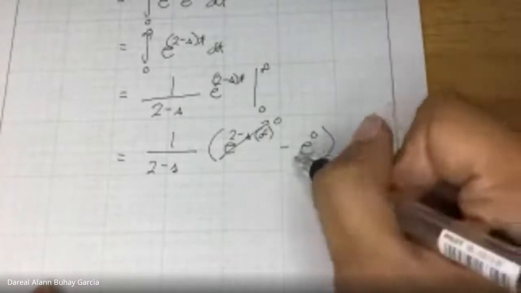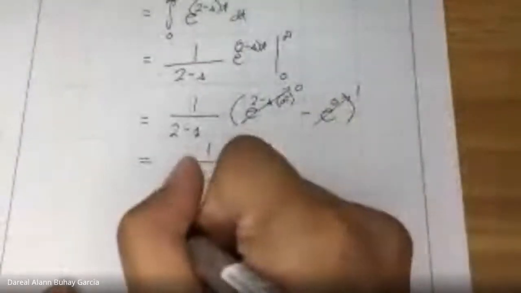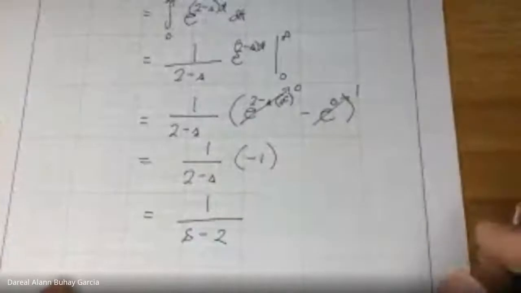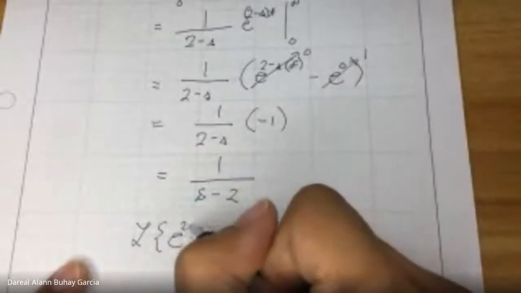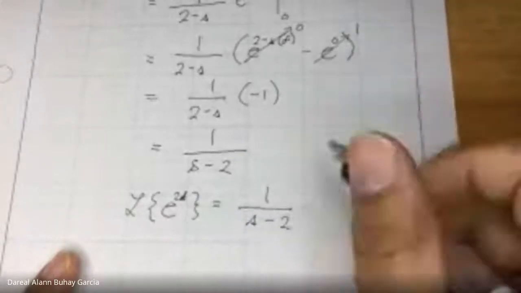So 0 and 1, and this becomes 1 over 2 minus s times negative 1. So the final answer is 1 over s minus 2. So the Laplace transform of e to the 2t is equal to 1 over s minus 2.